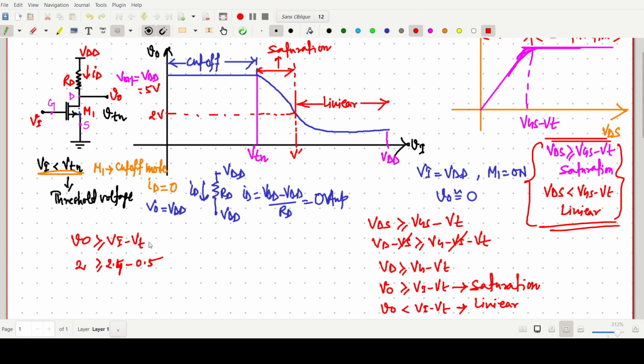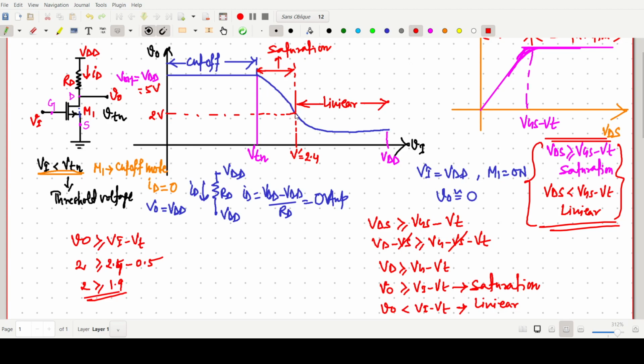So this value 2 will be greater than 1.9. Up to this V dash, that is our Vi, which we are now considering around 2.4 volt, this 2 is greater than 1.9, so this acts as a saturation region case.